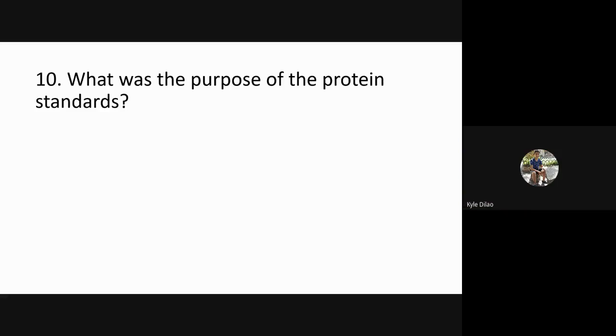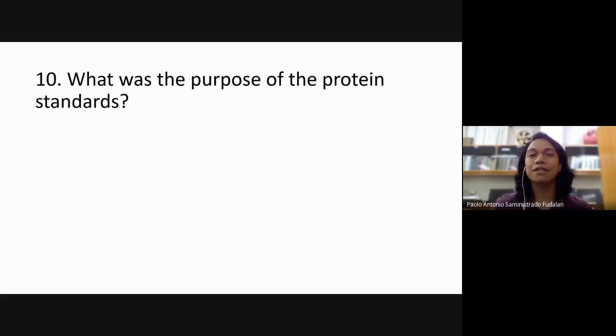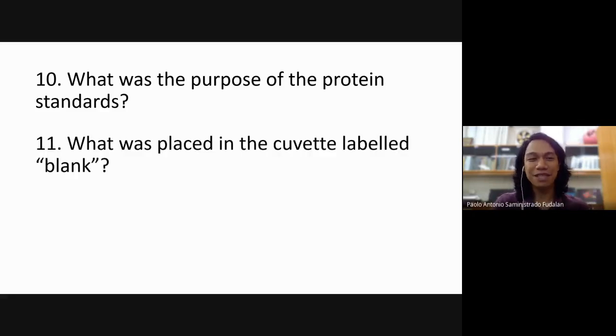Kuan sir, mura sila mga standard na kabalo naka pilay concentration para maka-construct og standard curve. Para na kay way of finding the concentration sa milk based on the absorbance. That is correct. Nothing to add on that. Okay. Next, number 11. What was placed in the cuvette that we labeled blank?